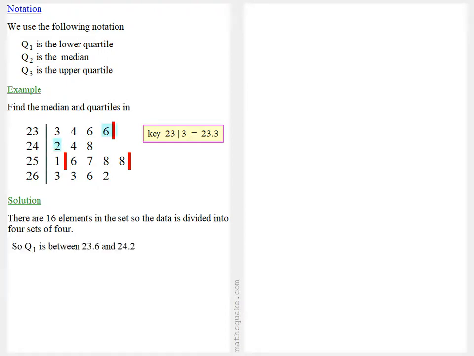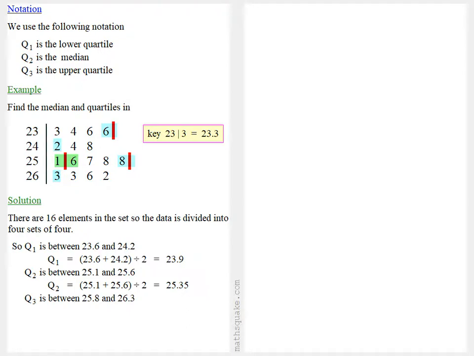So Q1 is between 23.6 and 24.2. So Q1 is the mean of those two numbers, 23.6 plus 24.2 divided by 2, which is 23.9. Q2 is between 25.1 and 25.6, so Q2 is the mean of those, 25.1 plus 25.6 divided by 2, which is 25.35.